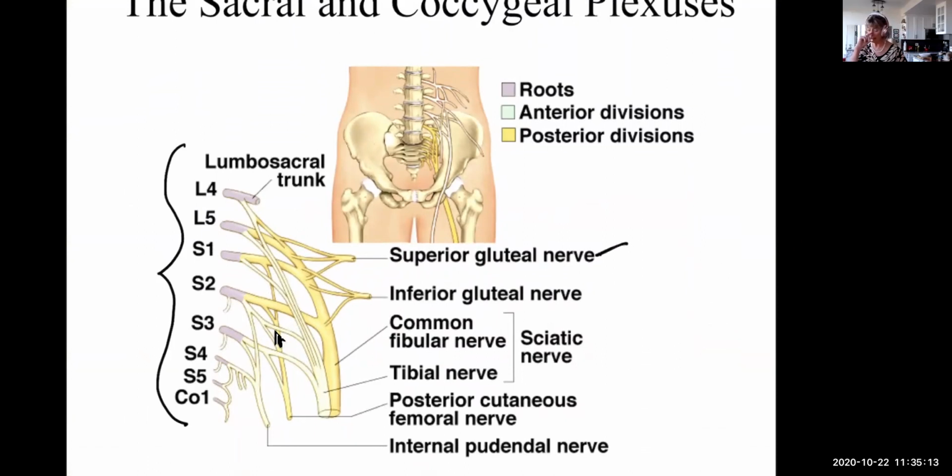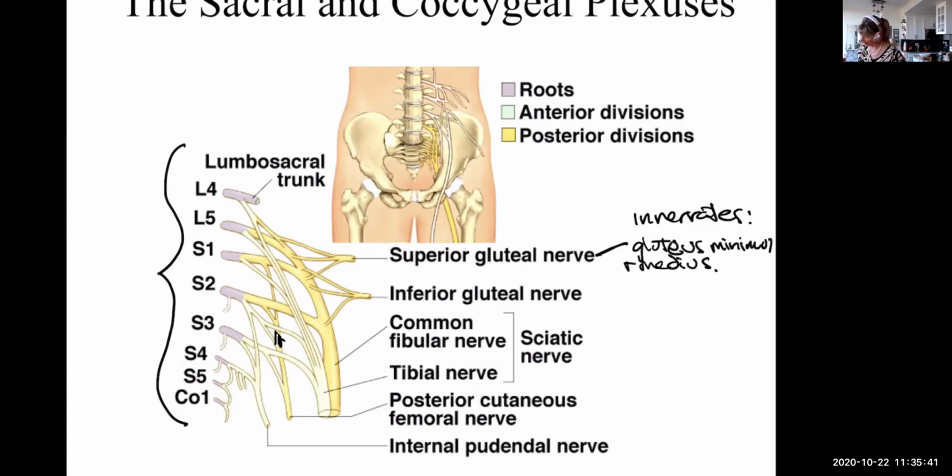The superior gluteal nerve innervates the gluteus minimus and medius. So there are several muscles in the buttocks.